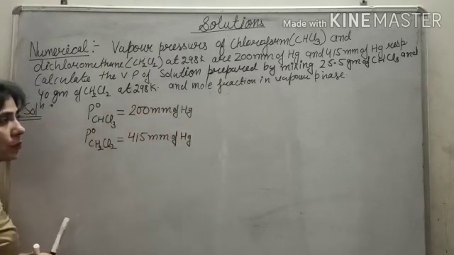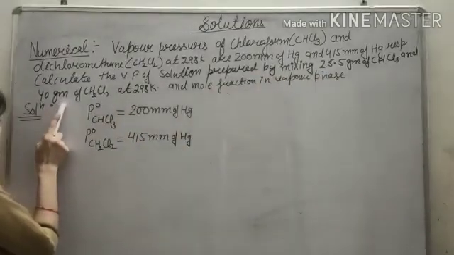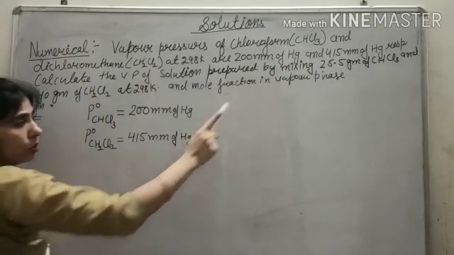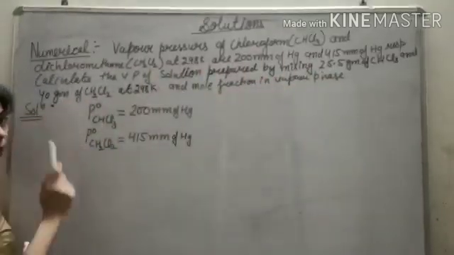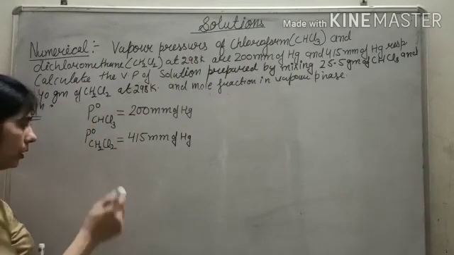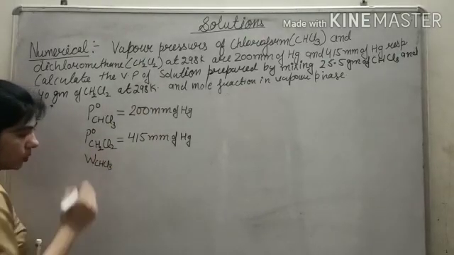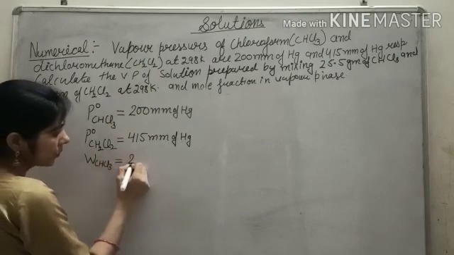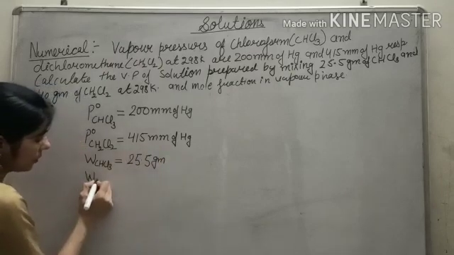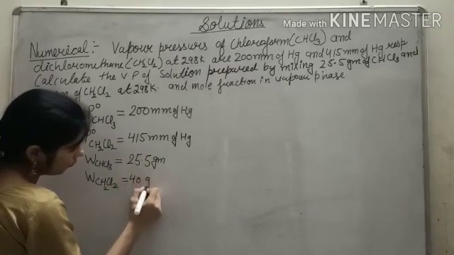And students, as this solution is prepared by mixing 25.5 gram of chloroform and 40 gram of dichloromethane at 298 Kelvin temperature, so 25.5 gram and 40 gram are the given masses. So the given mass of chloroform CHCl3 is 25.5 gram and the given mass of dichloromethane CH2Cl2 is 40 gram.